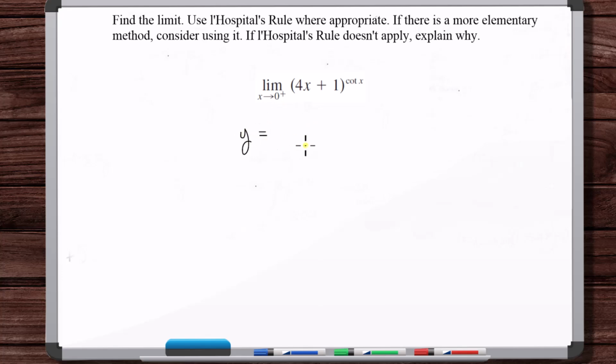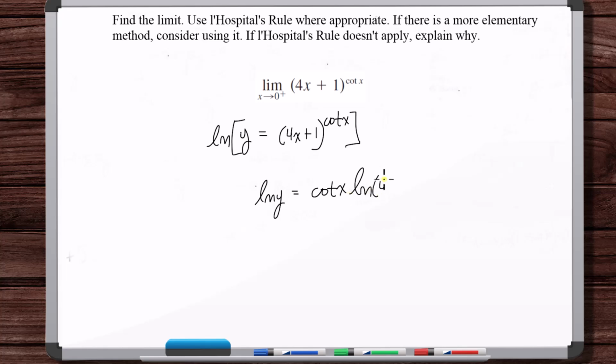write this as y is equal to 4x plus 1 to the cotangent of x. Take the natural log of this entire equation. Natural log of y is equal to cotangent of x, natural log of 4x plus 1.